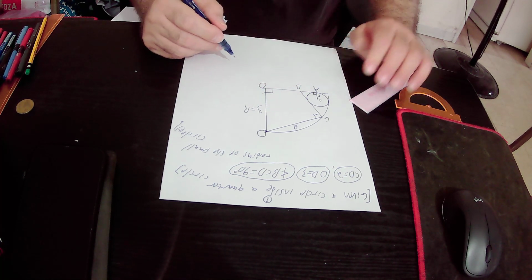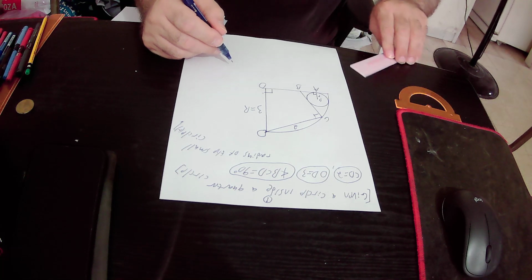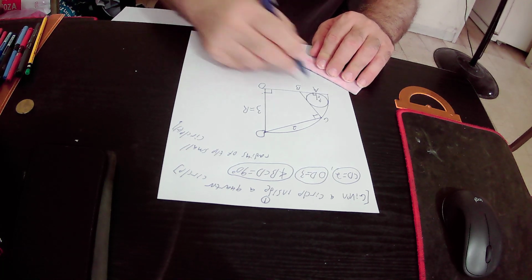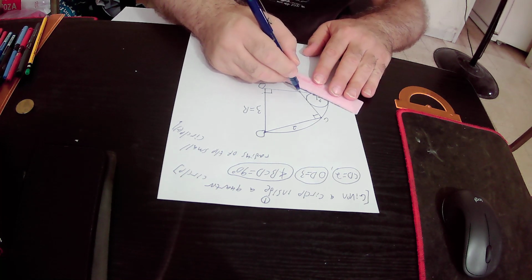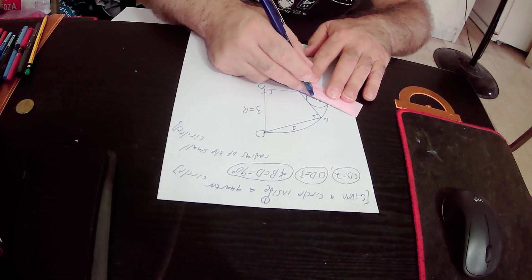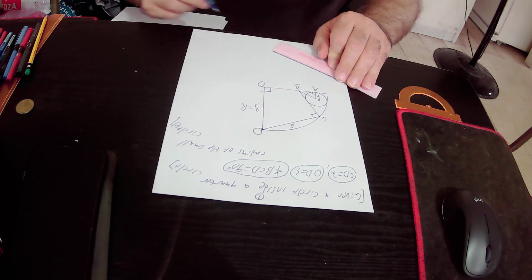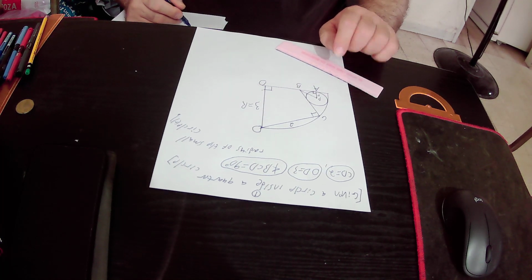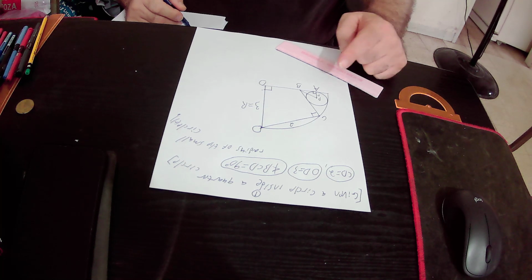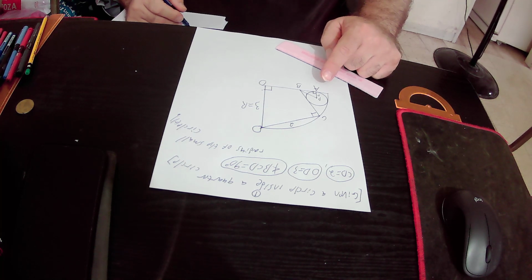Okay? In the next step, we will join together points P and B by a straight line. And the triangle APB is a right triangle because angle PAB is a right angle.